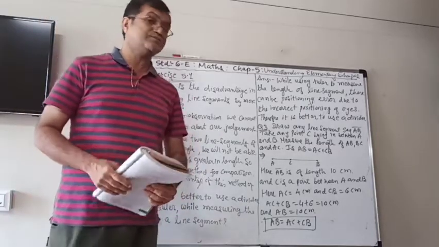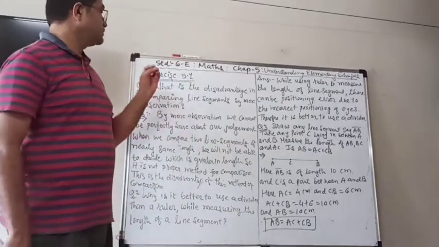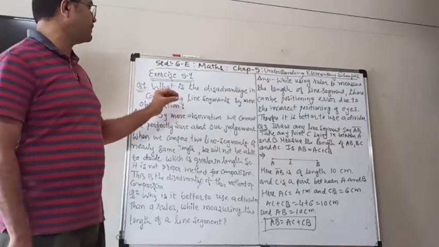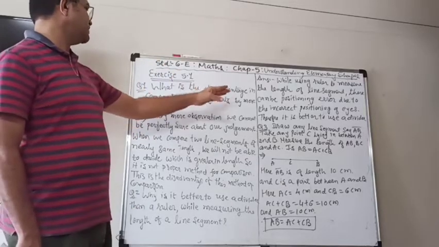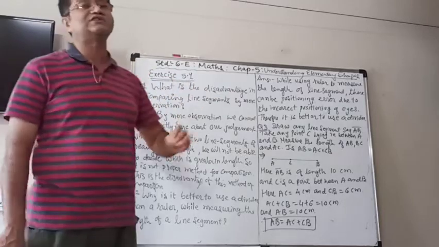Question 1 is that what is the disadvantage in comparing line segments by mere observation?